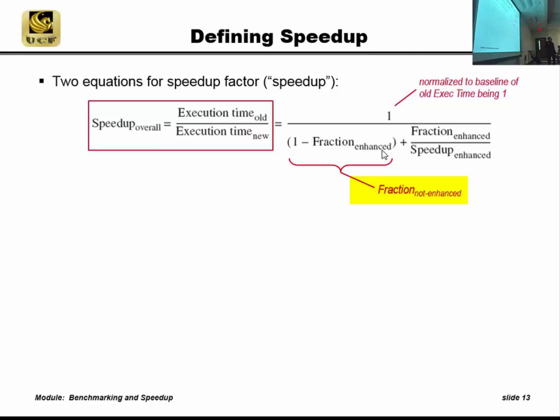That would be the fraction that's not enhanced. And 5/6 of the time was sped up by what? He got a bicycle, he got an airplane, and it went faster. So that was the fraction that was enhanced, 5/6 of the total time to complete that task.